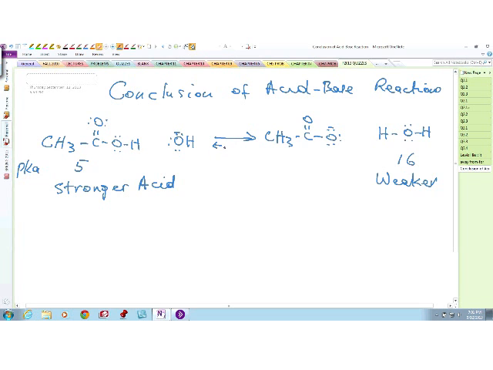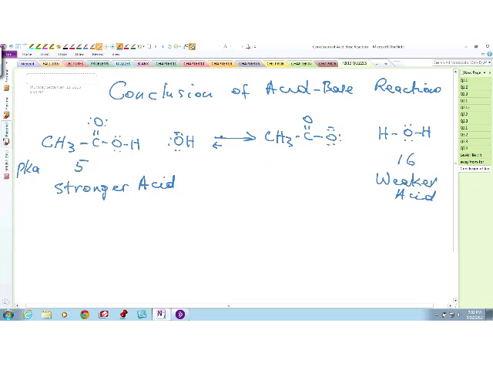Now, having given you that, let us do a problem. You got it? The direction of reaction in all Bronsted acid-base reactions is from the stronger acid to the weaker acid.